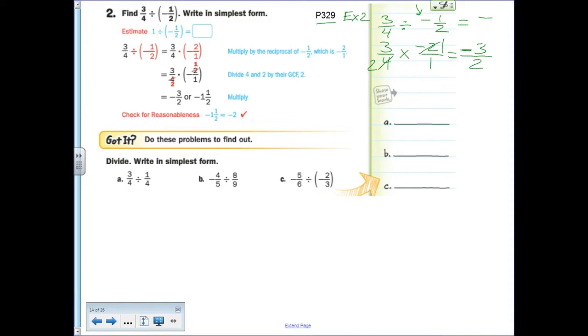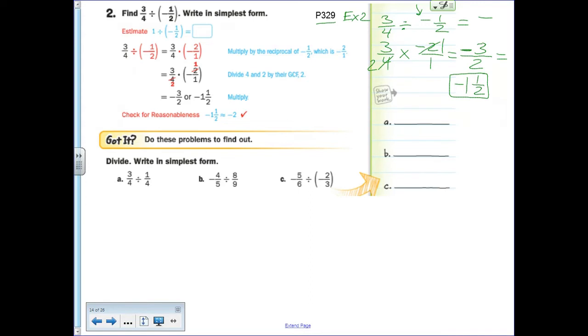I get negative 3 over 2, but that is an improper fraction. So I have to change that to a mixed number by dividing 2 into negative 3, which goes 1 time, negative 1, and then I have 1 left over, and I put that back over 2. So 2 goes into 3, 1 time, 3 minus 2 is 1, and I put that over 2. So negative 1 and 1/2, and it cannot be simplified because we simplified back before we multiplied.